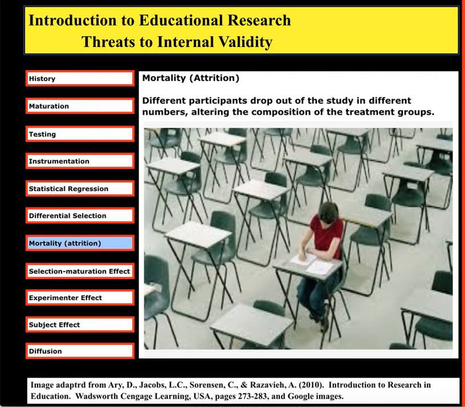So the final results will give you a higher score because the lower scores have dropped out. Attrition is usually not a serious threat unless the study goes on for a long time or unless the treatment is so demanding that it results in low-performing participants dropping out. So that's the mortality or attrition threat to internal validity.